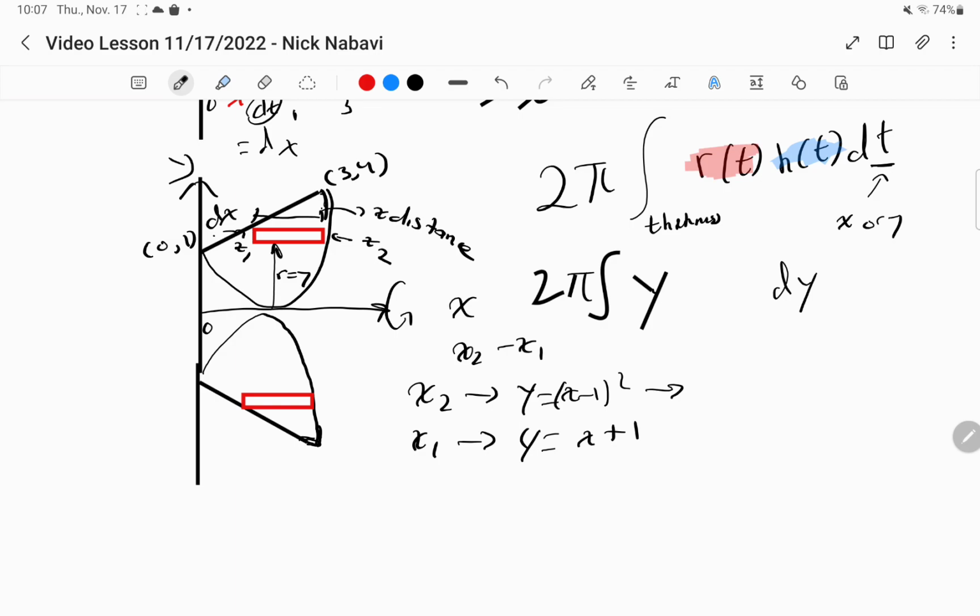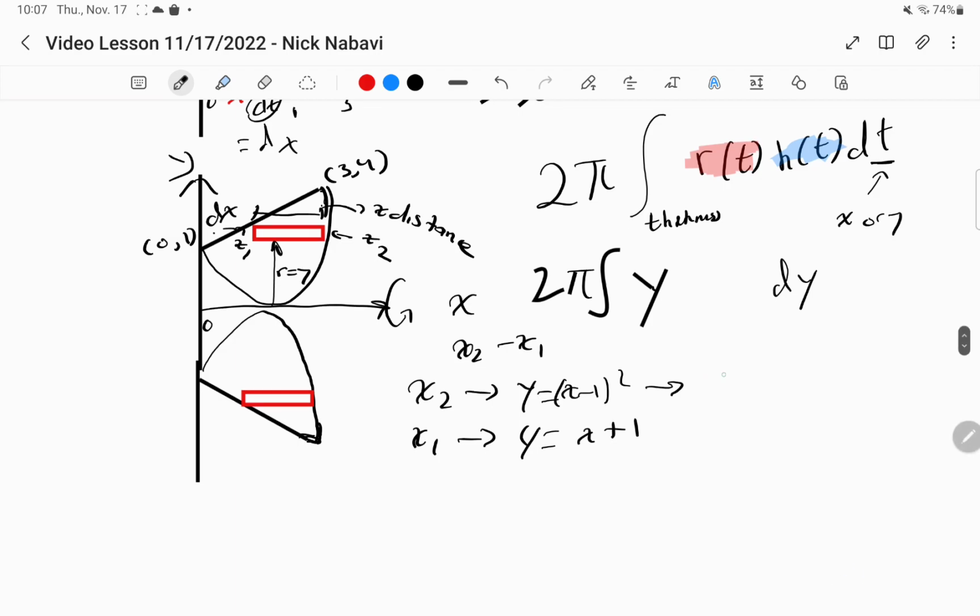Instead of saying y equals (x minus 1) squared, we say instead that root y plus 1 equals x. And that's x2, right? y is the y that we're integrating over. And then instead of saying this, we say y minus 1 equals x1. Okay, so now we have the height for this one here.